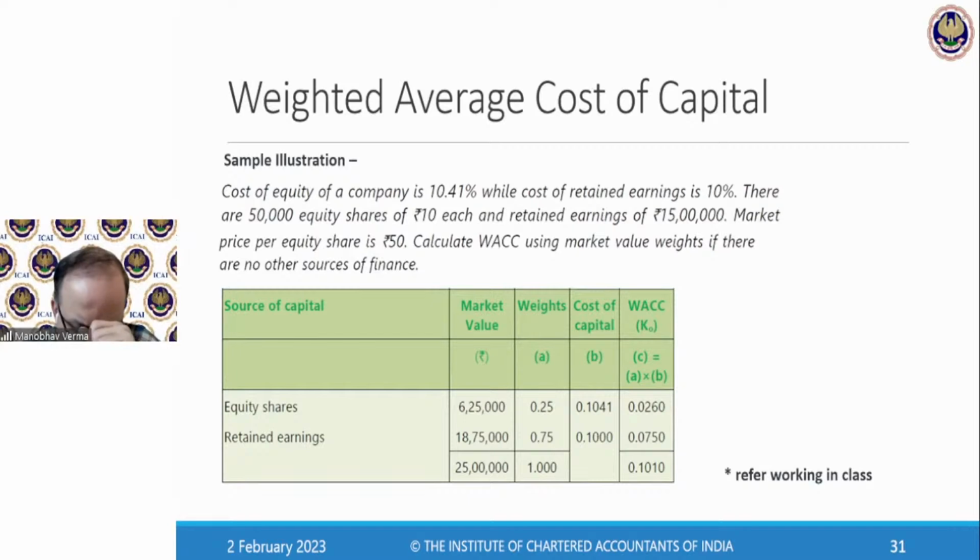In this case, we are looking at a market value of 50 per share. That means 50,000 into 50 is 25 lakhs.